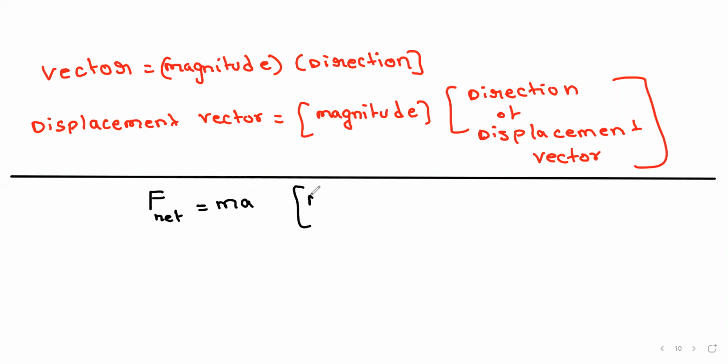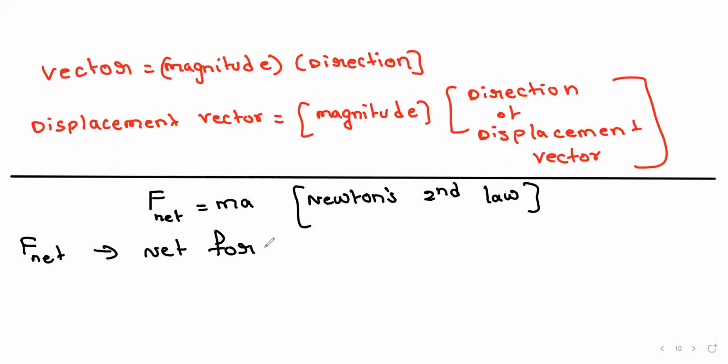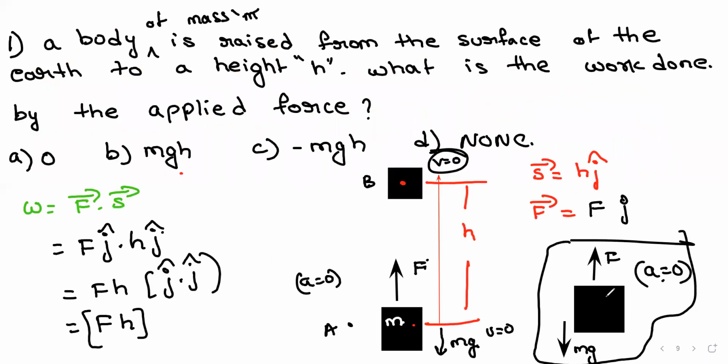So what is F net? F net is net force, right? Yes, sir. So net force is the sum of all the forces. So in our case, this is the free body diagram.